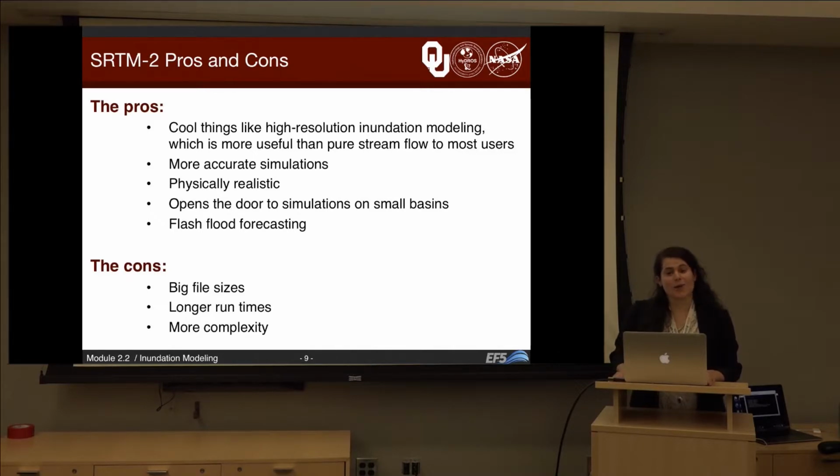It can also lead to more accurate simulations because we have better data values. Using high resolution is also physically realistic, and that can also open the door to simulations on small basins, which usually don't have very good data values. We can also use high-resolution data to forecast for flash flooding.